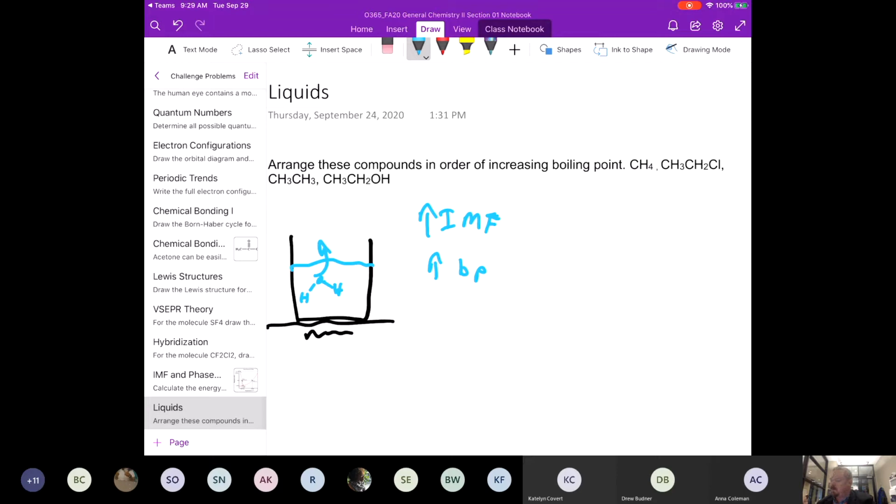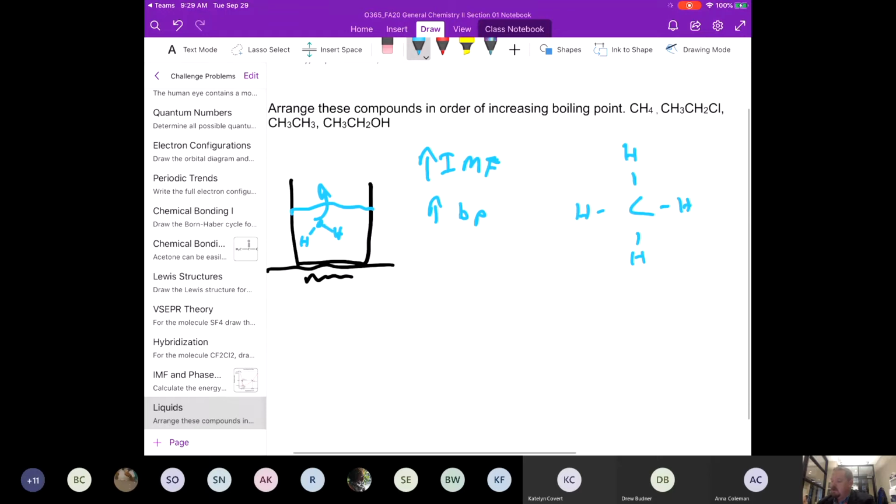Let's look at them. We're going to draw the Lewis structure for each one. So if we look at CH4, it has this Lewis structure. CH3CH2Cl has this Lewis structure.